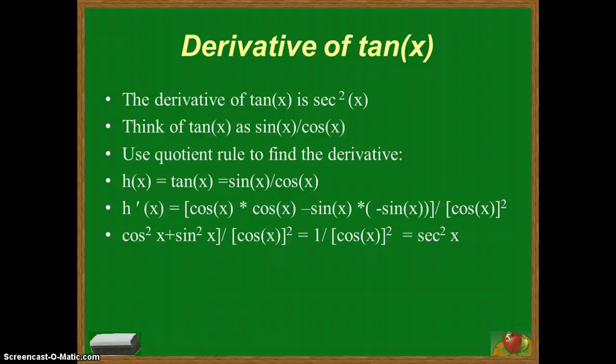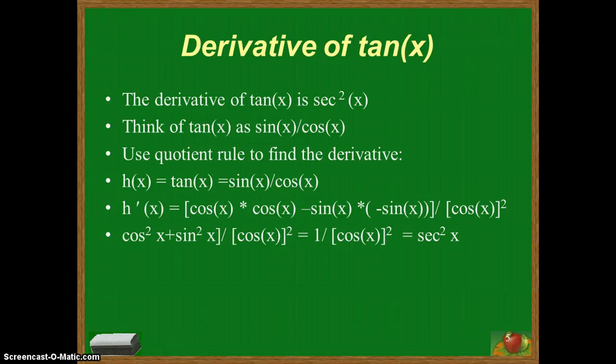Derivative of tangent x. Well, the derivative of tangent x, quite simply, is the secant squared of x. You can think of tan x as sine of x over cosine of x. If we use the quotient rule, we can find the derivative. Let's let h of x equal the tan of x, so therefore h of x equals sine of x over cosine of x.